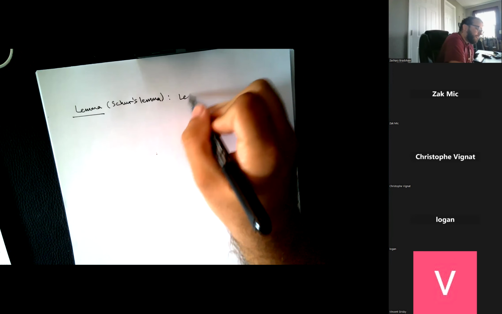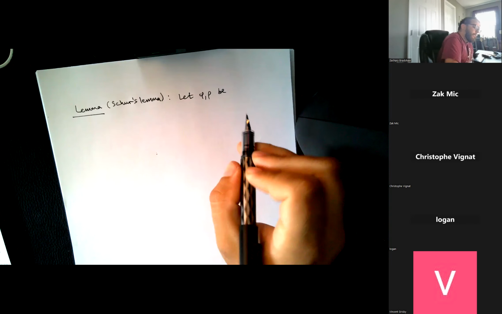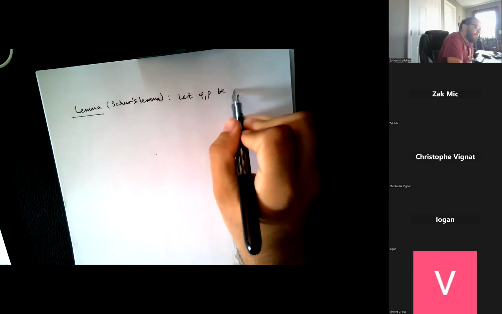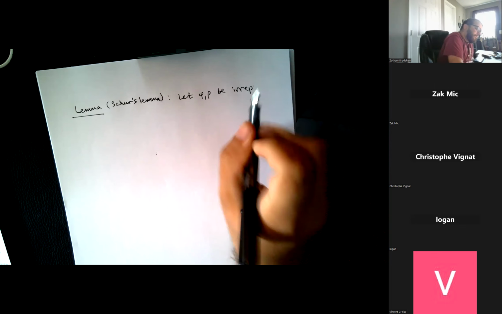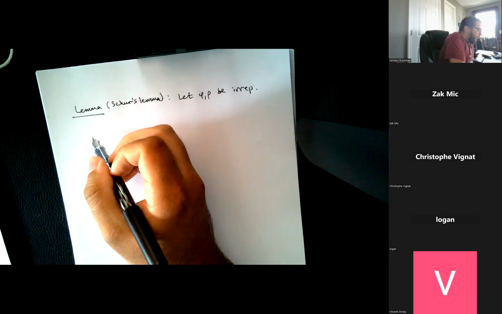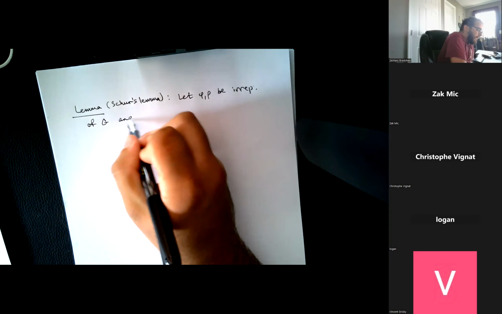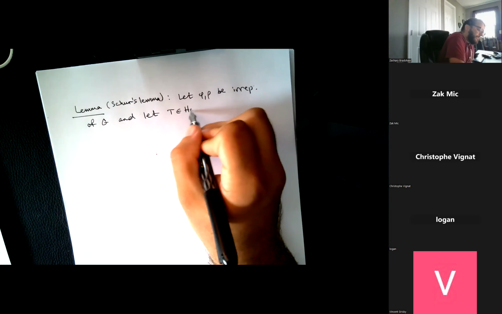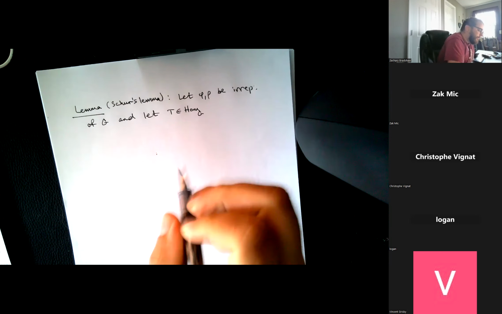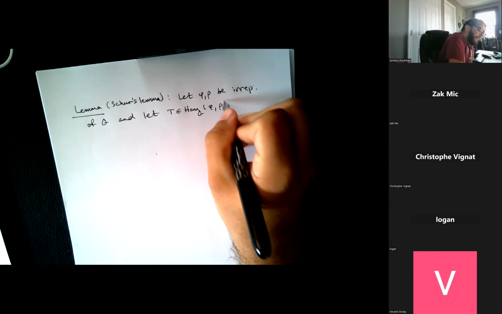As usual, we let phi and rho be irreducible representations of a group G, and we let T be in the Hom set, so all morphisms between phi and rho.